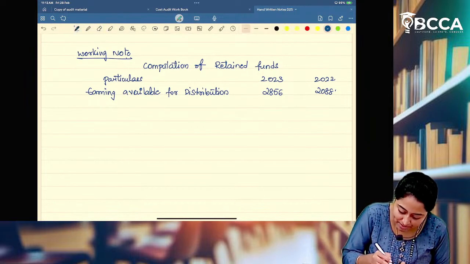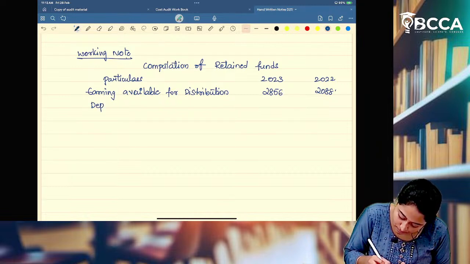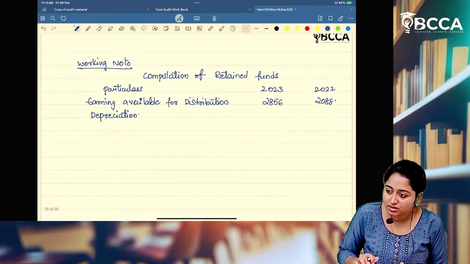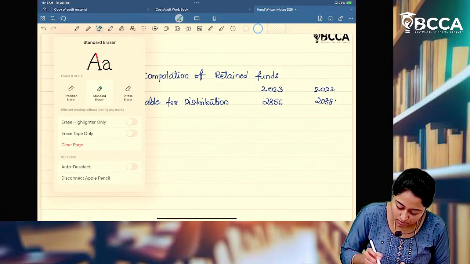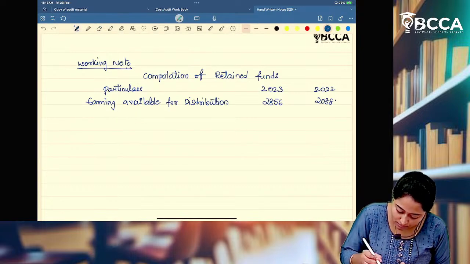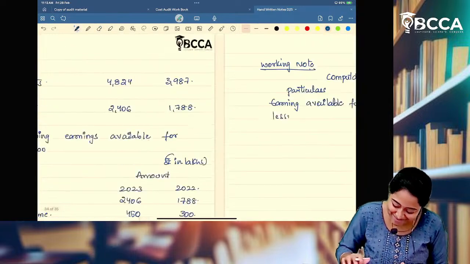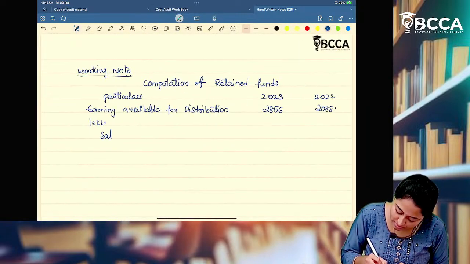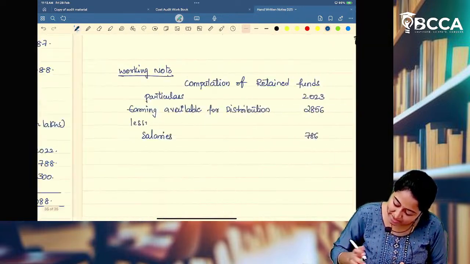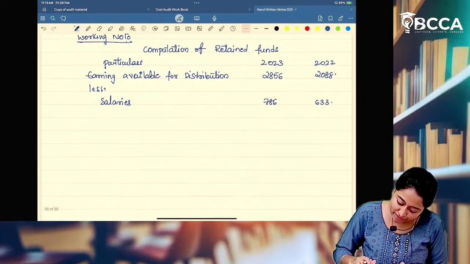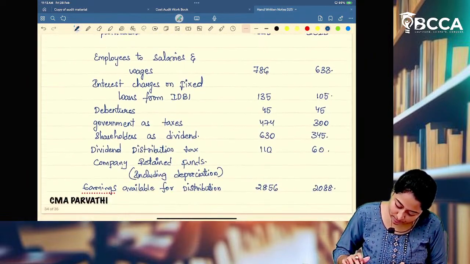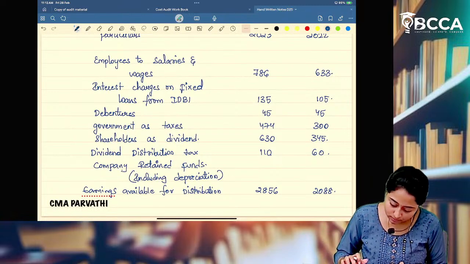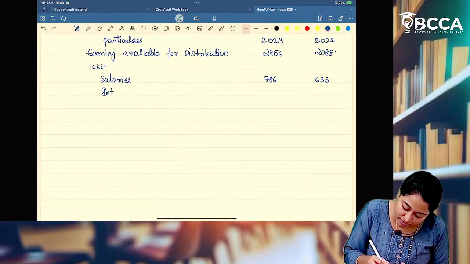Now, first, what is the depreciation? What is depreciation? I'm asking you because you don't have books. Okay, wait. Employees, wages and salaries. Salaries are 786 and 633. And then after that, what we have read? Then we have written interest charges.